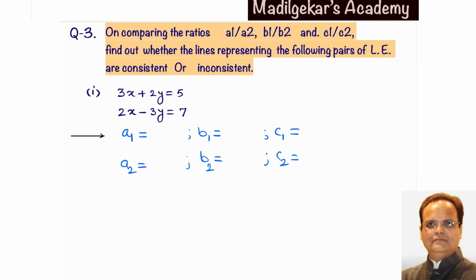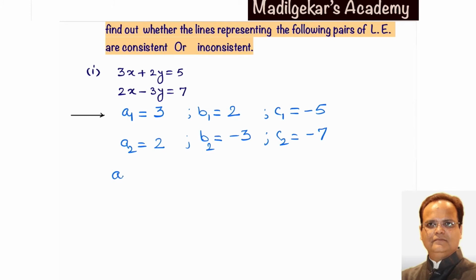So here A1 is 3, B1 is 2 and C1 is minus 5. A2 is 2, B2 is minus 3 and C2 is minus 7. A1 upon A2 is 3 by 2, whereas B1 upon B2 is minus 2 by 3.